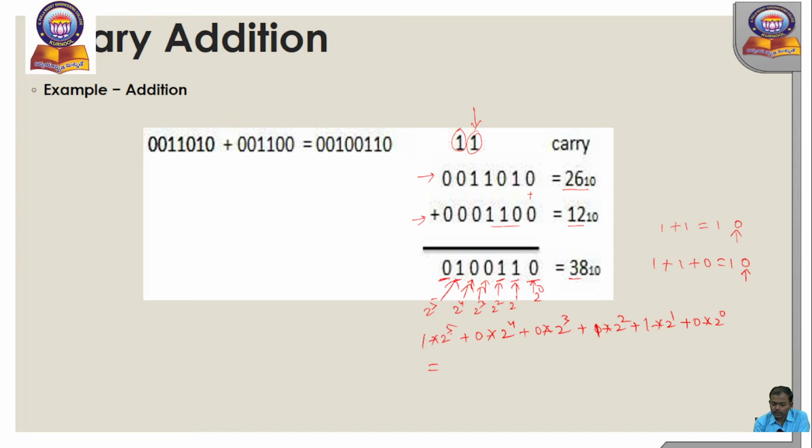So 2 power 5 is 32, so it is 32 plus 4, 36, plus 2, 38. This is how you can perform binary addition.